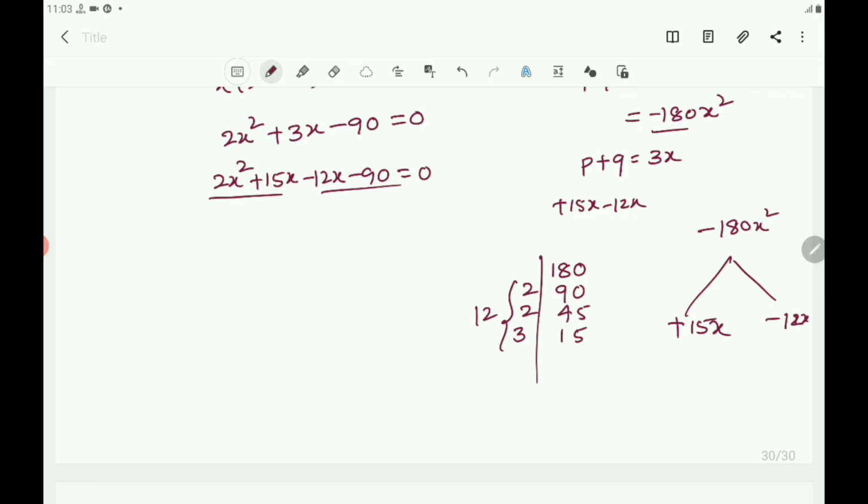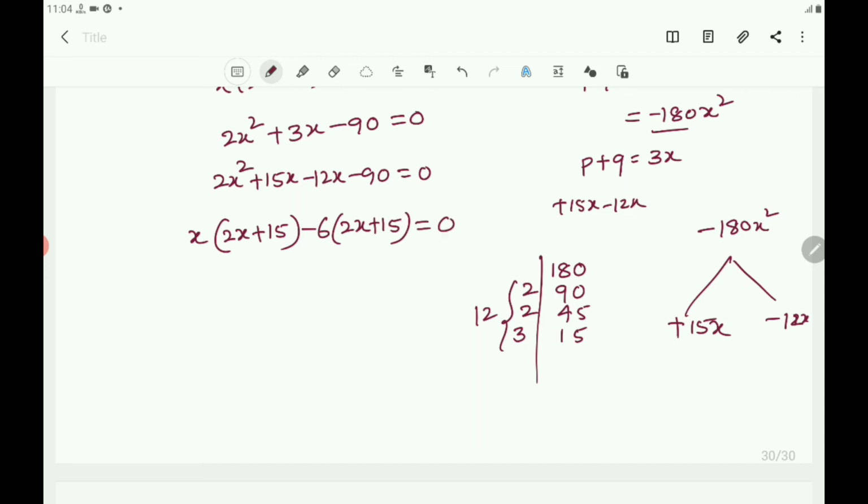Then you make groups of 2. Taking x common gives x into 2x plus 15, and taking minus 6 common gives minus 6 into 2x plus 15 equals 0.